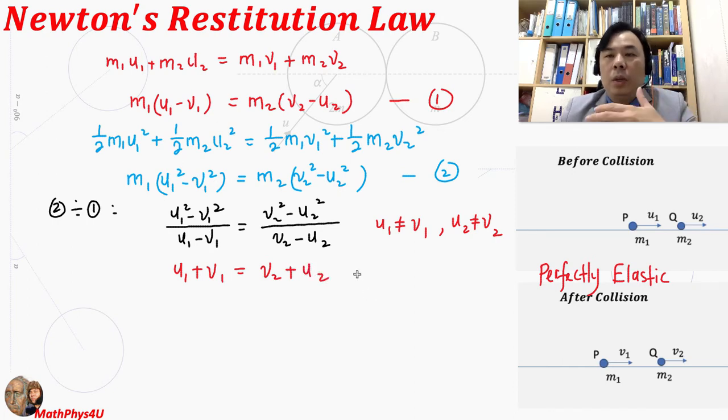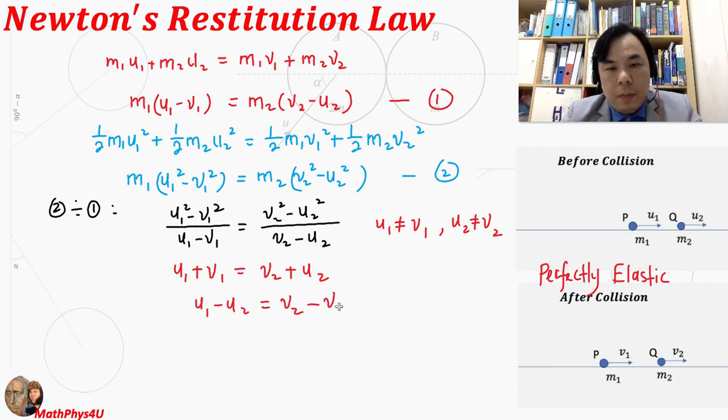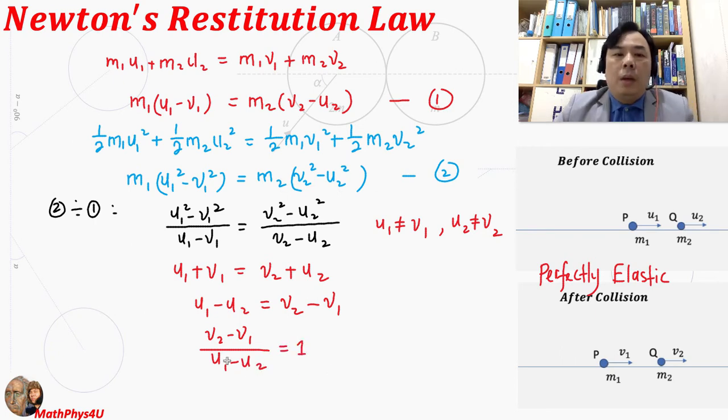Doing a bit of arranging here, I will have u1, and then just restructure that. Now it's very important to have this ratio.